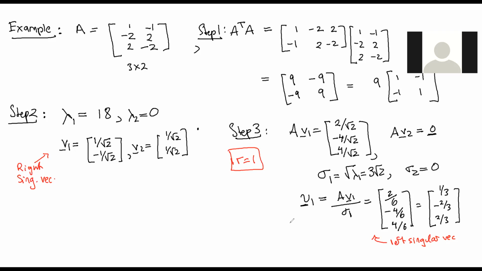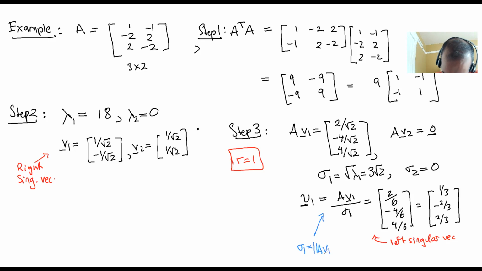Why do we divide by the singular values? We divide because we want the U_i to be unit vectors. Remember, in the last class, we did this derivation where we saw that sigma 1 is just the norm of A V1.